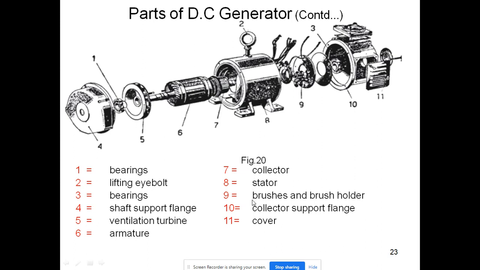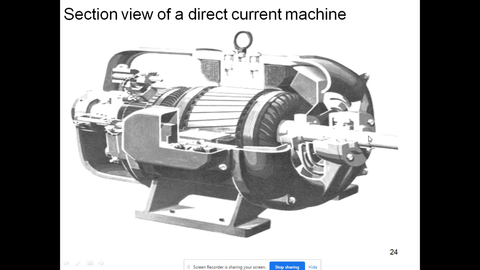And the ninth part indicates the brushes and brush holders. The tenth part is the collector support flange, which is a support to the flange. And the eleventh one is a cover, to protect all this. This is the sectional view of a direct current machine.